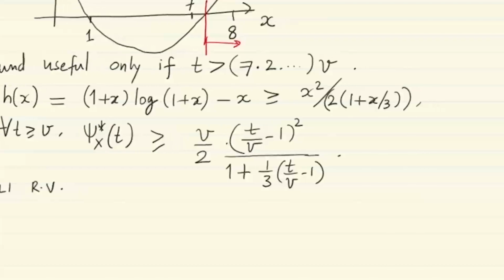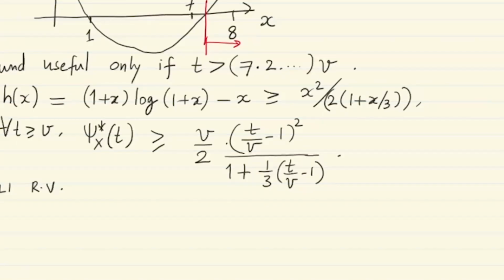So we actually have a lower bound for Cx star of t, the Cramér transform in the exponent of the Chernoff bound, as a rational function, a ratio of two polynomials depending on t or t by v. It's a quadratic form in the numerator and a linear form in the denominator.